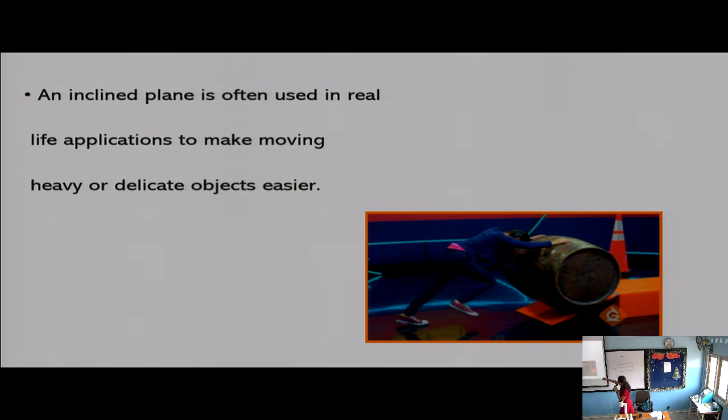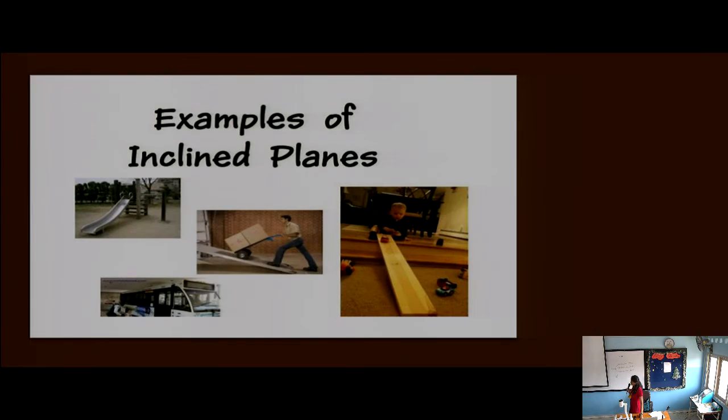Can you see this picture? This person, he is trying to move this drum in an inclined position so that it is more easy. Here are more examples. Did you understand these examples?